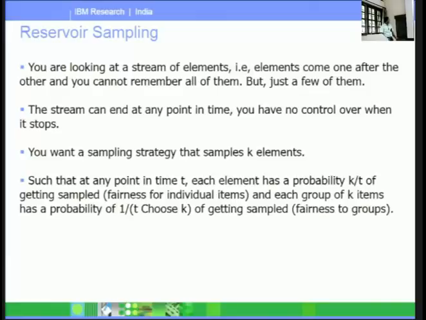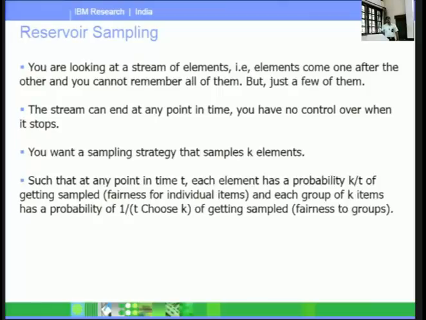So we'll next look at this other example, which is called reservoir sampling. This is again a very powerful example, but which just requires very simple techniques, and this gets used a lot when you are trying to do streaming computation.